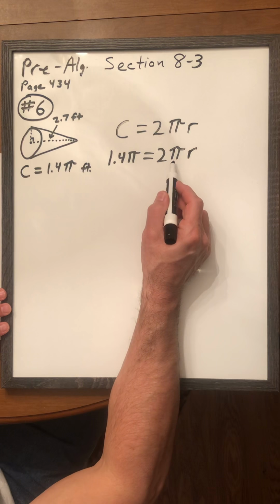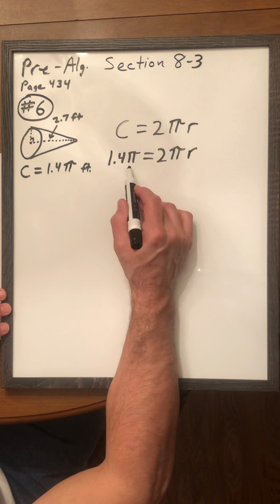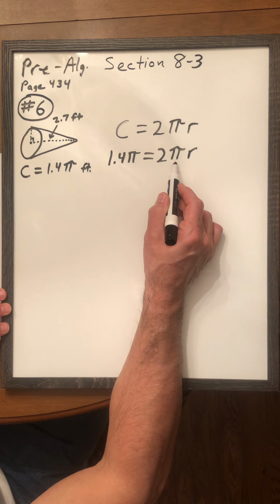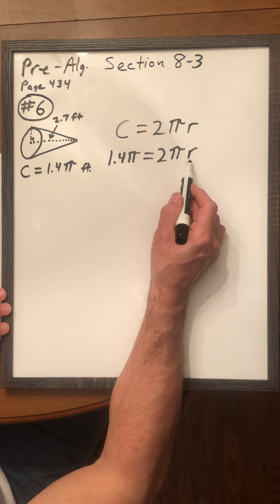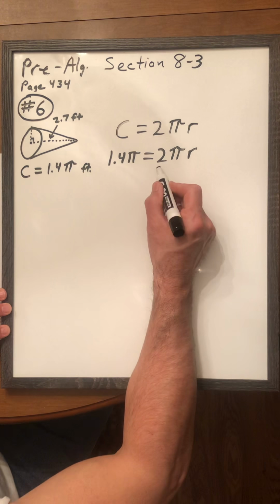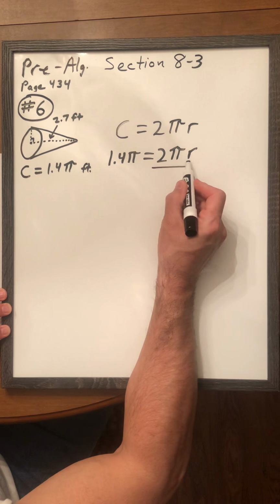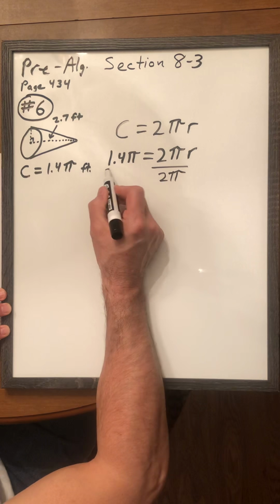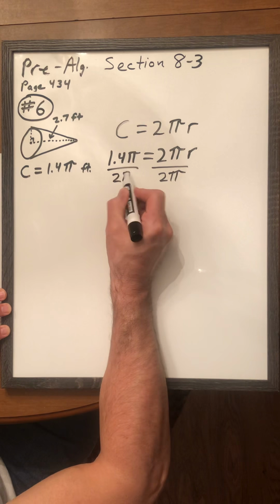Instead of plugging in 3.14, since they left the pi symbol in the circumference, I'm going to leave my pi there. To get r by itself, since this is all multiplication, I'm going to divide by 2 pi, and I divide this side by 2 pi.